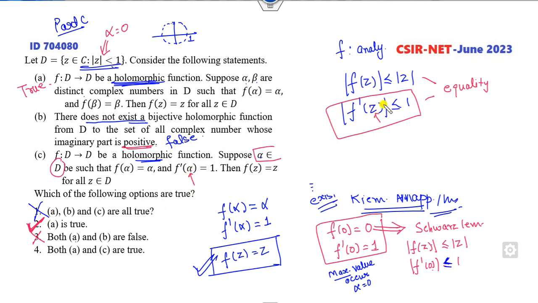So what is the meaning of that? If this equality occurs, then this also is an equality. That's by using the Schwarz lemma. So this is also my correct statement. So this is my right answer. So correct options are 2 and 4.